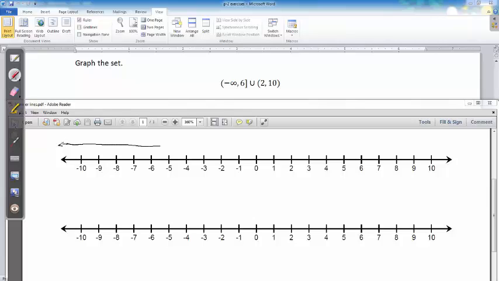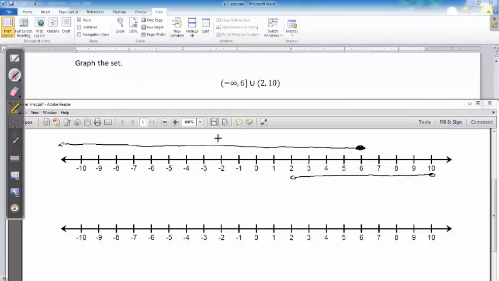Yes, these sound effects are necessary. And then 2 to 10. Alright, that's the two graphs.